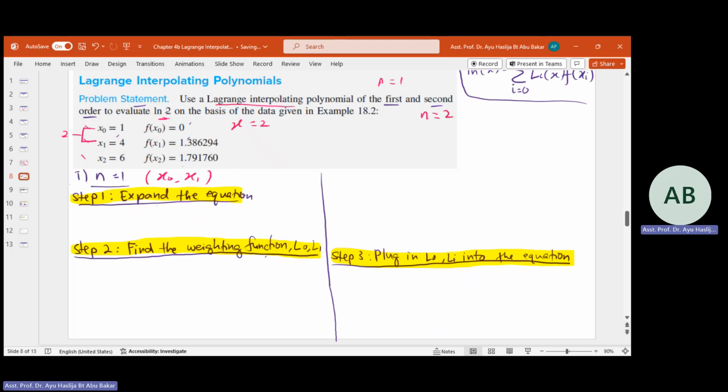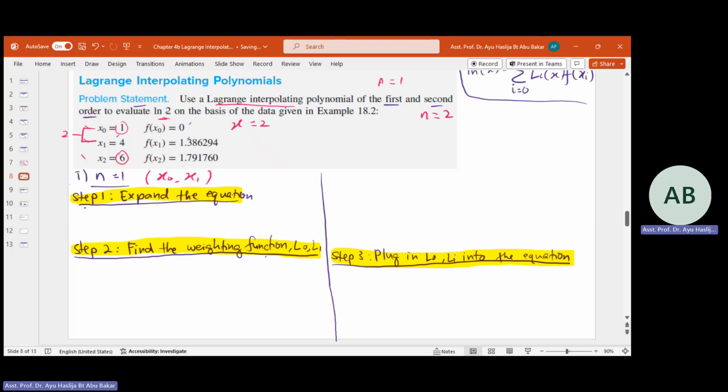Can you take x0 and x2? You can actually, because your x is still in between these numbers. But the error will be quite big, compared to taking 1 and 4. Okay, so let's say we choose x0 and x1.